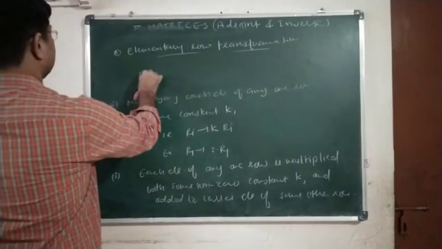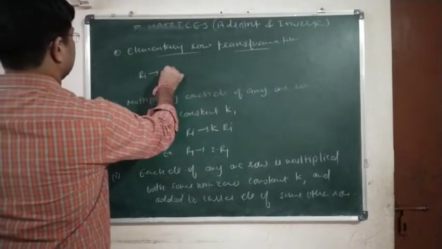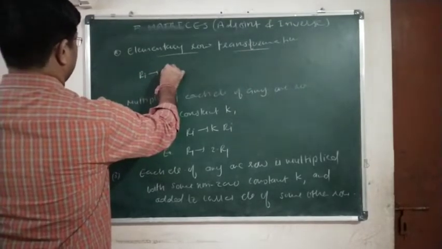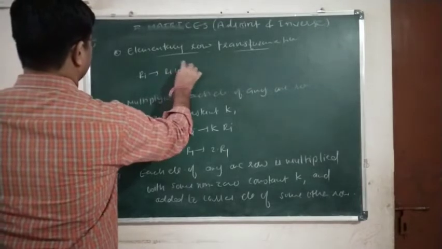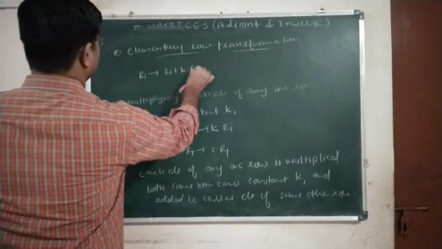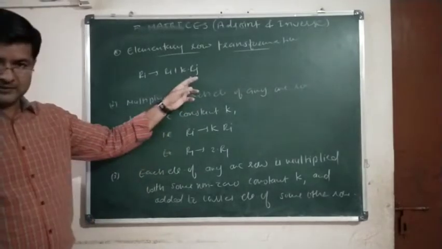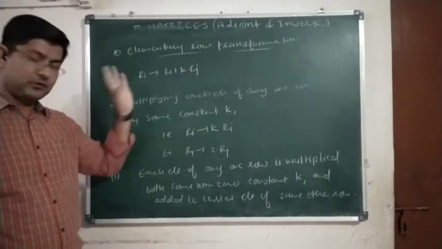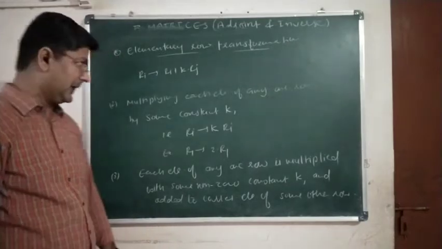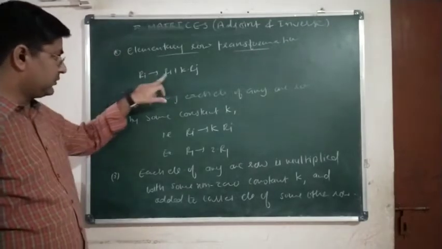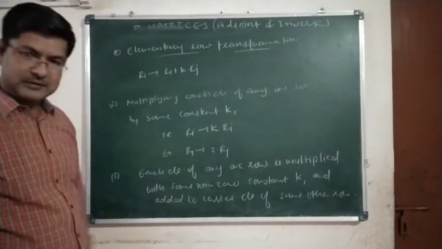Suppose on the ith row, Ri plus k into Rj. That means each element of the jth row we are multiplying with k and adding to the corresponding elements of the ith row. For example, on R2, R2 plus 2 into R3.